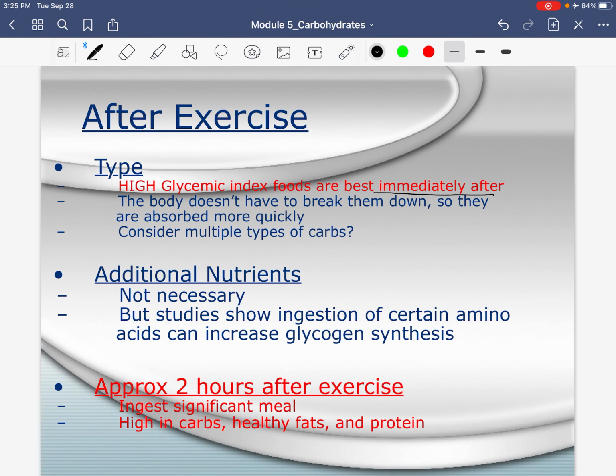Right after, immediately after, we want high glycemic index foods, but a little bit after that, we're going to start to transition to moderate to low glycemic index. To be honest with you, within the first half an hour, studies have shown that ingesting other nutrients doesn't seem to benefit us. Carbohydrates should be number one.